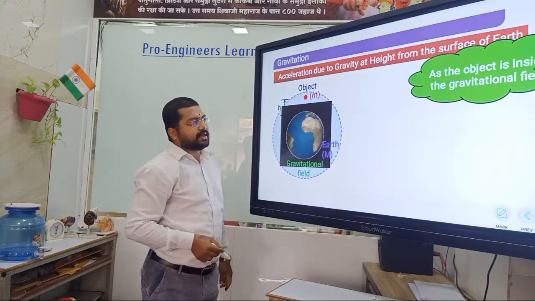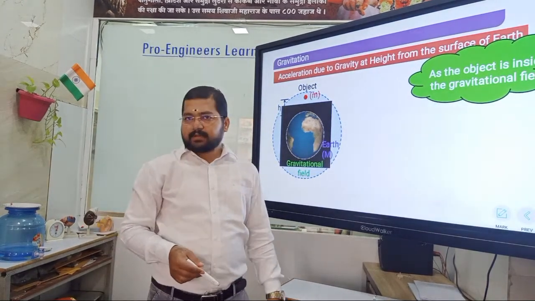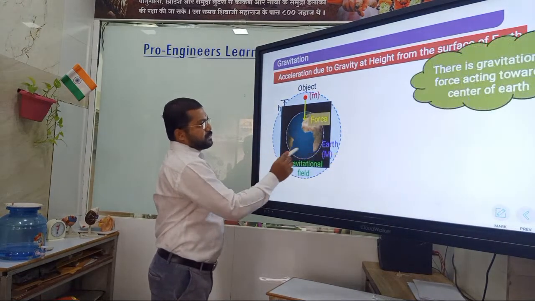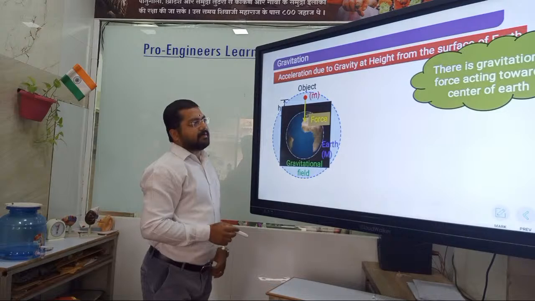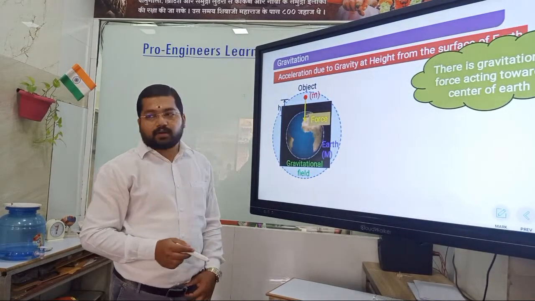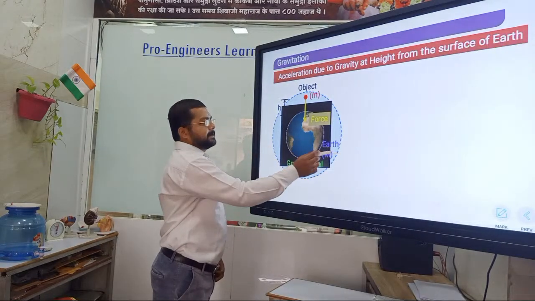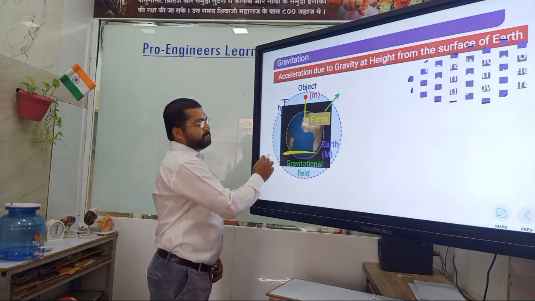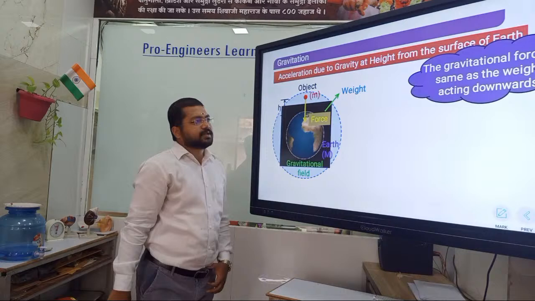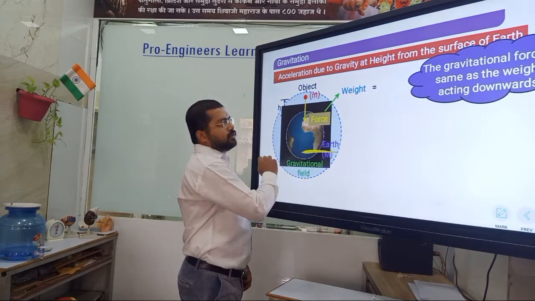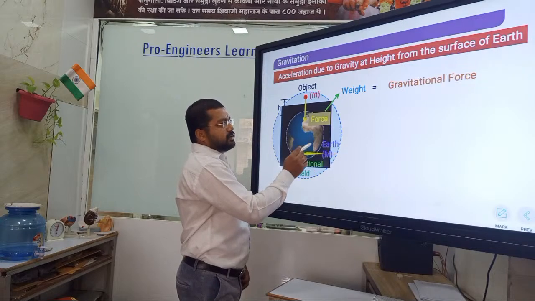As the object is inside the gravitational field, there is a gravitational force acting towards the center of the earth, which is the same as the weight acting downward, so weight is equal to gravitational force.